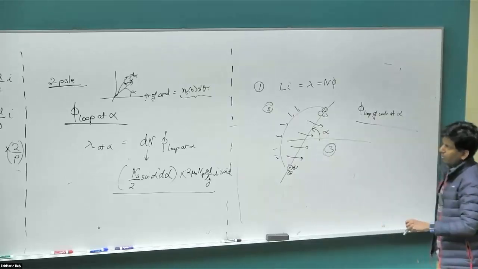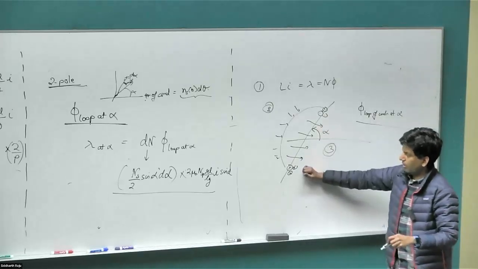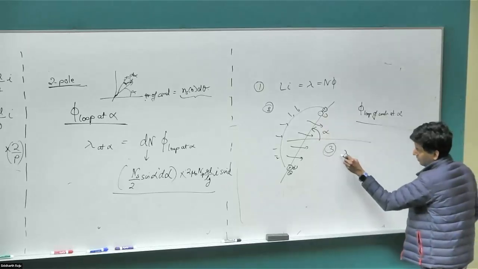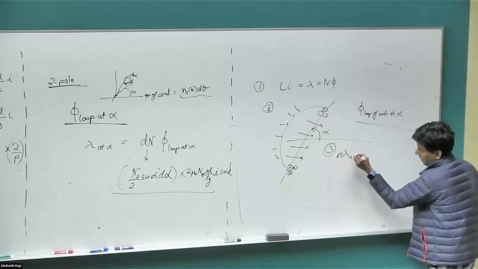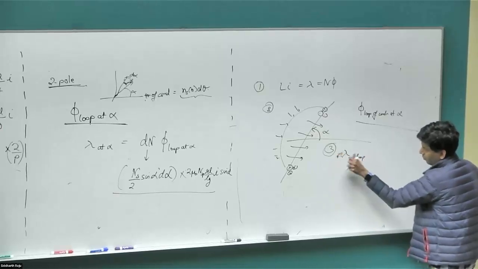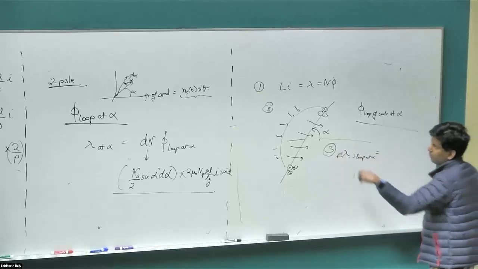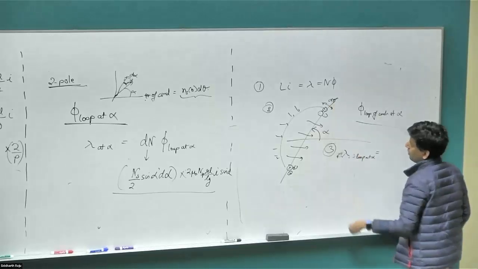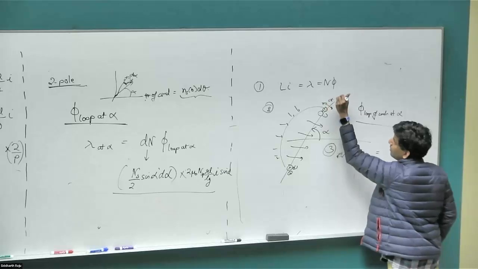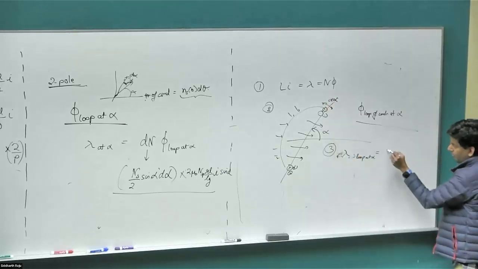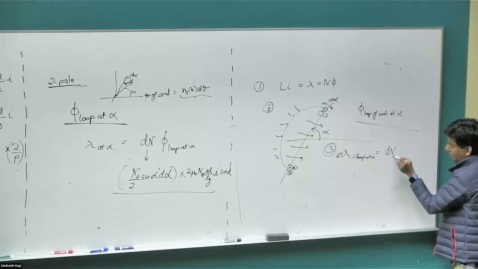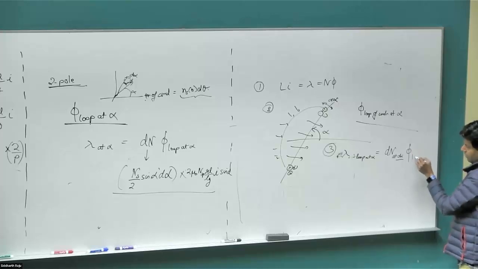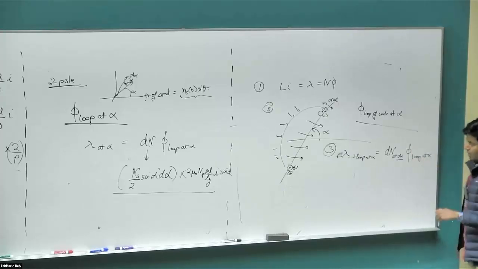At the third step, we have the flux cutting through this coil, and we want to figure out the flux linkage through this particular set of coils. The flux linkage through the set of coils at angle alpha is equal to the number of conductors over this spread, let's call it some angle d alpha, times the flux through the loop at angle alpha.